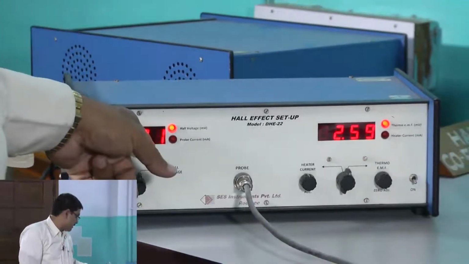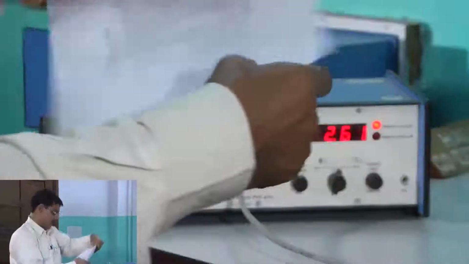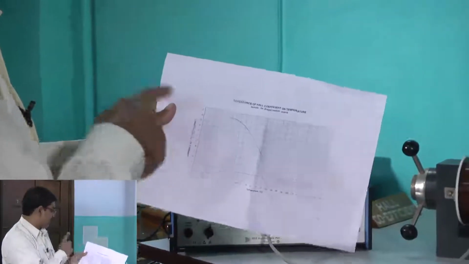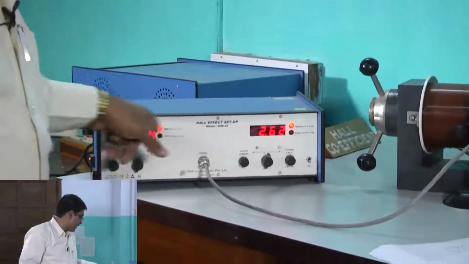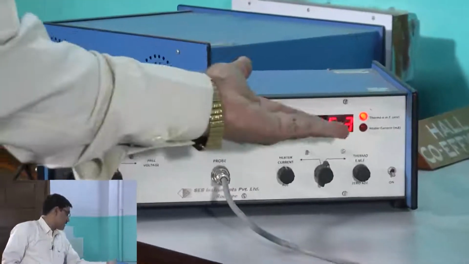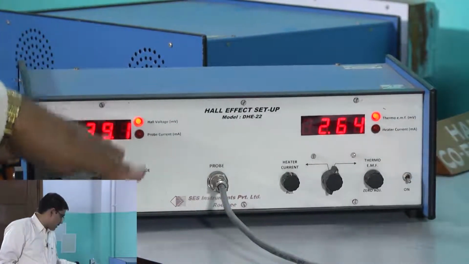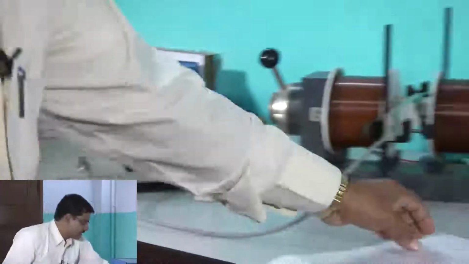It was probably 48. So, from there it is changing. One has to calculate the Hall coefficient. The thermo EMF is increasing, which means the temperature is increasing, and the Hall voltage, that means the Hall coefficient, is decreasing.